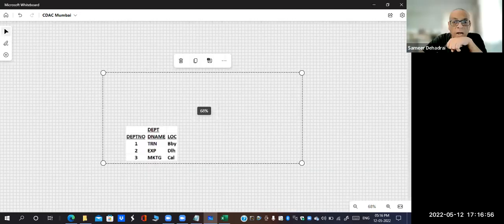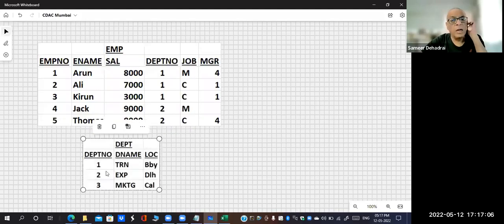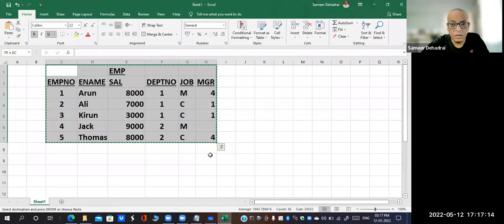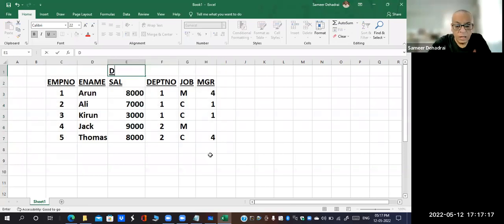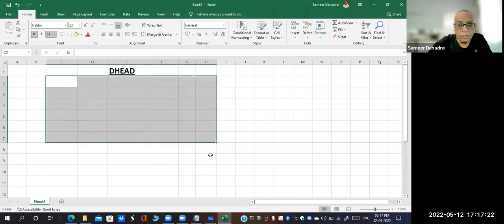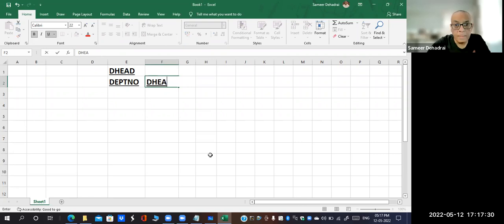So I have the department table, I have the EMP table. Let me create a third table. Let's call it D head. In this table, I'm going to store department number and D head.